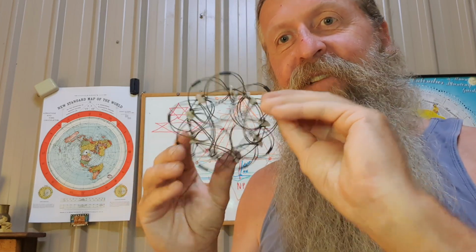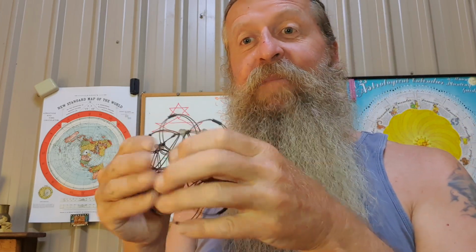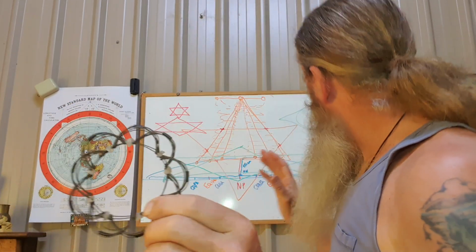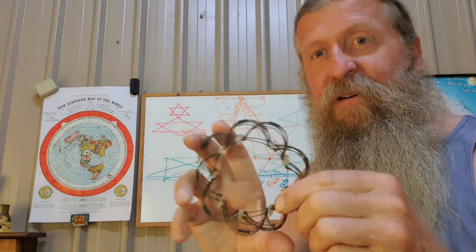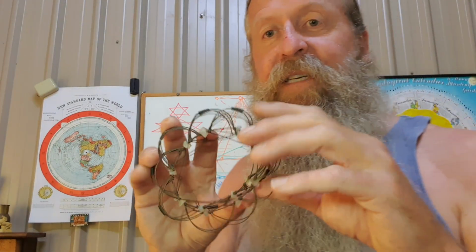Like, look at that one, what's that tell you? That's the story of Saturn, isn't it? This flower of life's all through it. It's a really cool little toy to play with and meditate and whatnot. So the Vesica Pisces, you can probably even see it as you play with this.